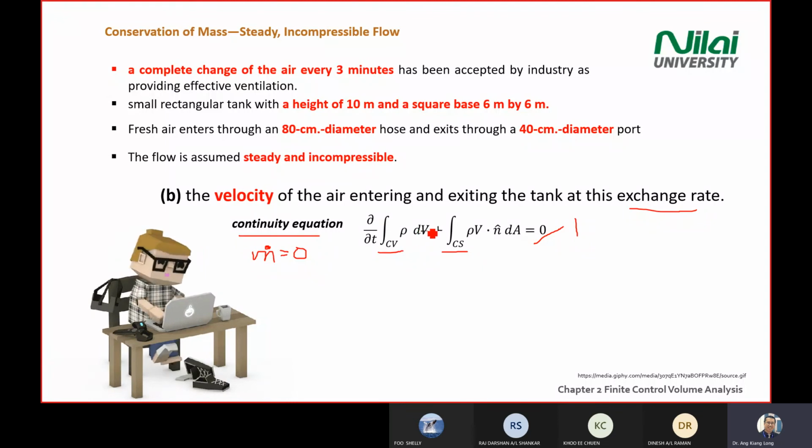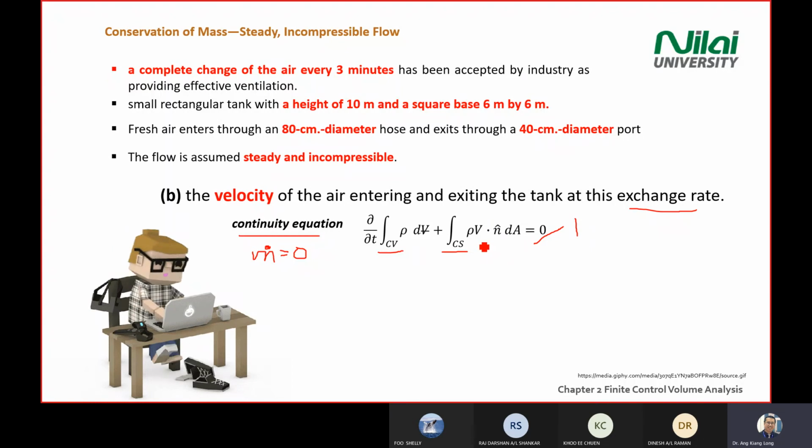Again, for this module, if you look at the V with a center line, it means volume. The V without the center line means velocity. Okay, so integrate for the control surface here. You integrate the rho times the velocity vector dot dA.